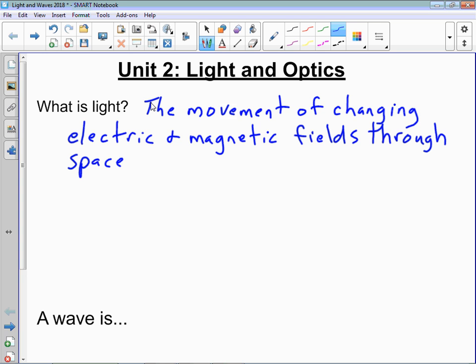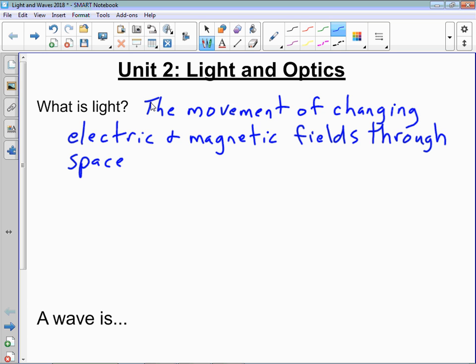So the movement of electric and magnetic fields through space. It was actually more than just electric and magnetic fields moving. It's the light moving in one direction and electric fields oscillating or going up and down in a perpendicular direction to that, and magnetic fields changing, going up and down in a direction that's perpendicular to both of those directions.